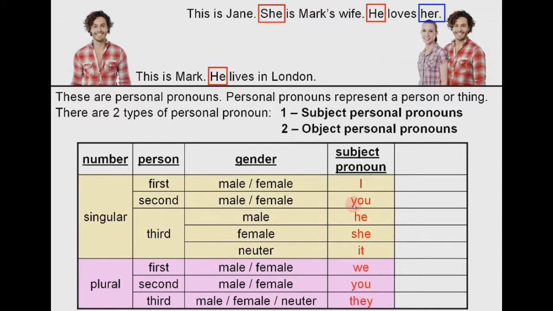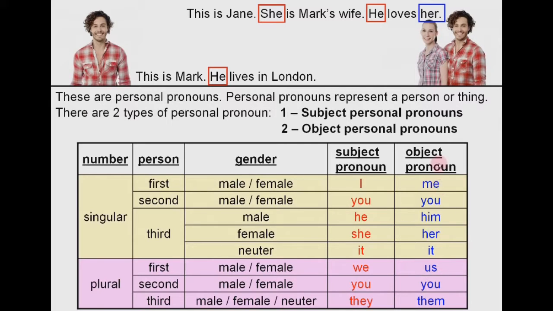Okay? So the subject pronouns are I, you, he, she, it, we, you, and they. And the object pronouns, the corresponding object pronouns, are me, you, him, her, it, us, you, and them.